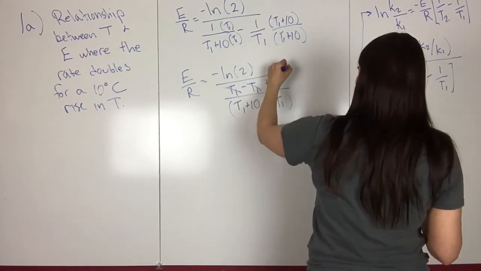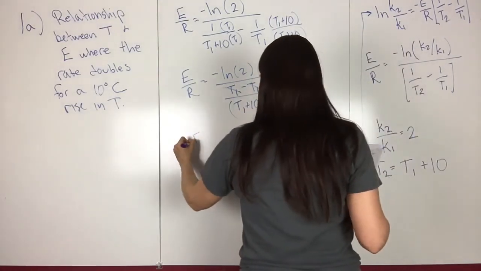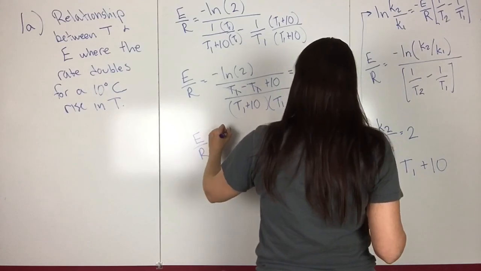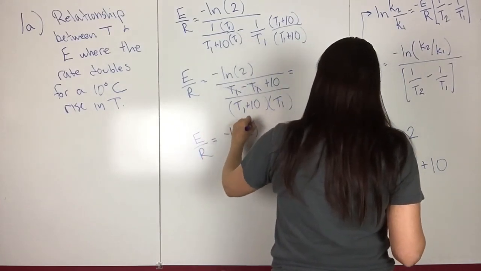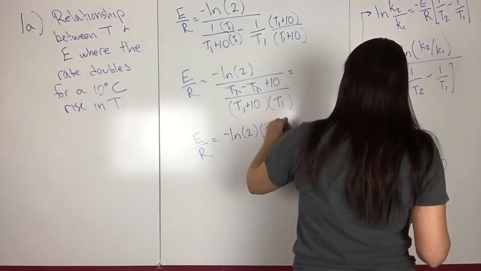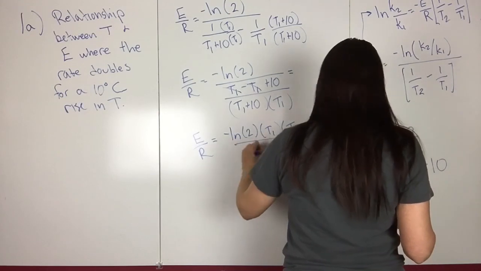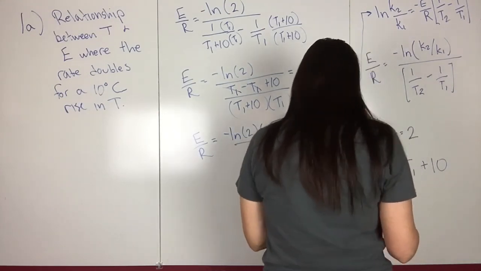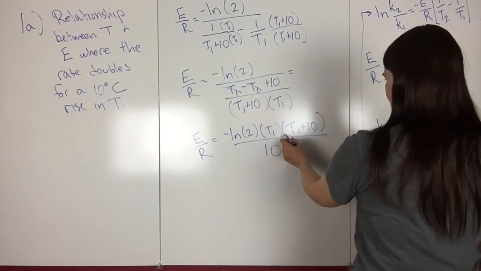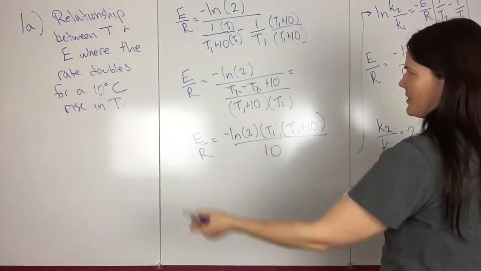and we end up with, so E over R equals minus natural log of 2 multiplied by T1 multiplied by T1 plus 10, and this is over 10. So then we want to solve this for T1, because that's what we're interested in.